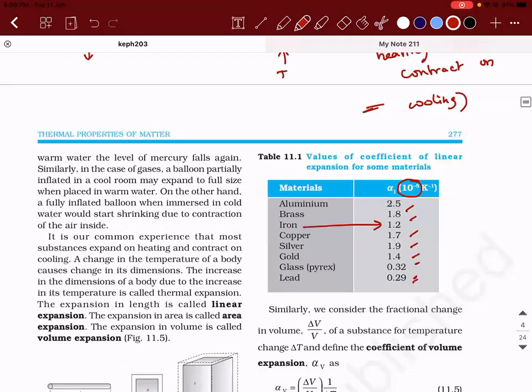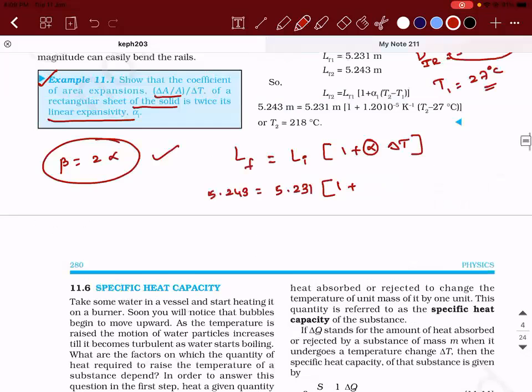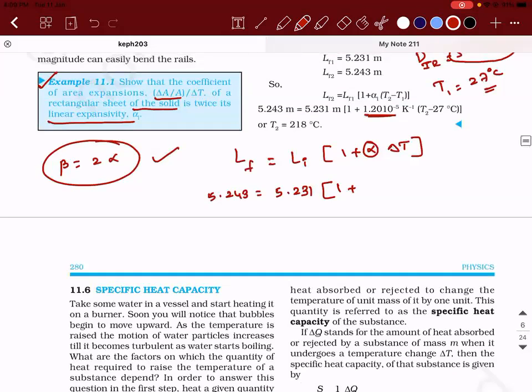It is 1.2 into 10 power minus 5 Kelvin inverse. So that's what they have written. 1.2 into 10 power minus 5 into T minus 27.